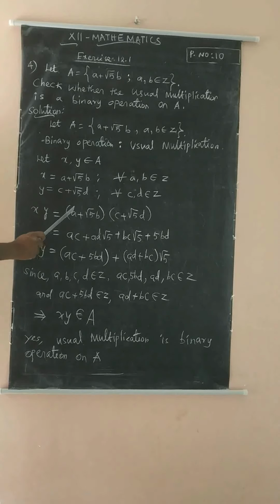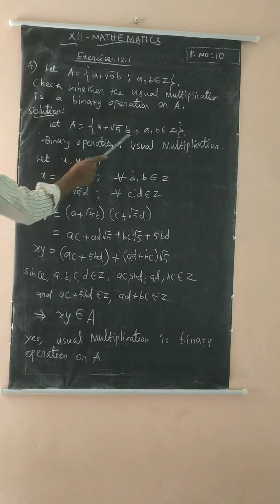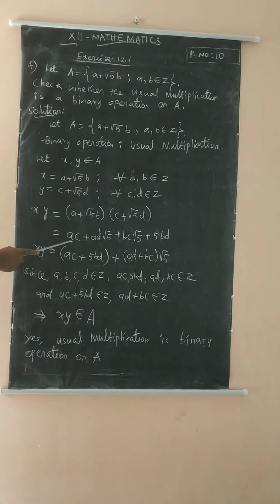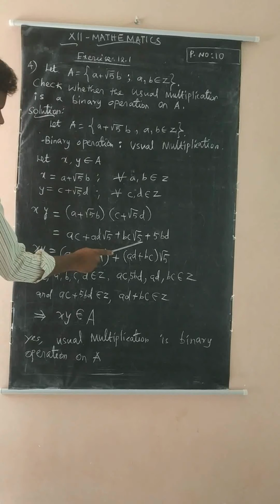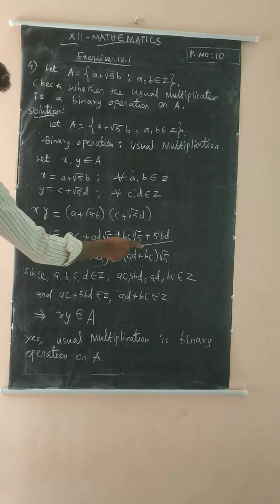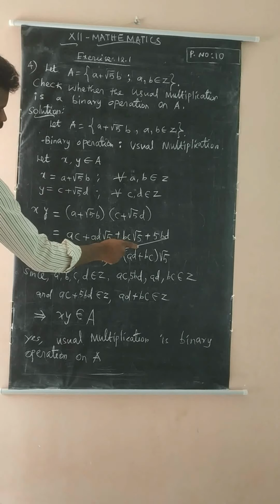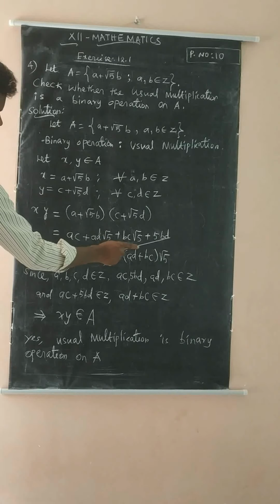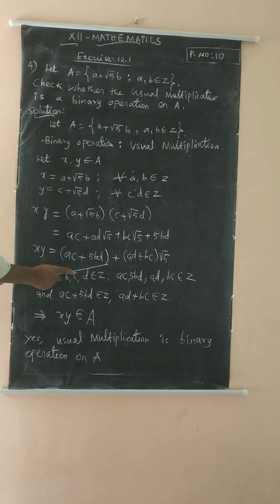Now ordinary multiplication: a into c, then a d root 5, next b c root 5, next root 5 into root 5 is 5, so 5 b d. Now combine: a c plus 5 b d, which does not involve an irrational number.